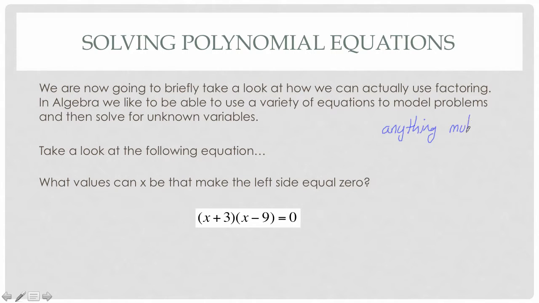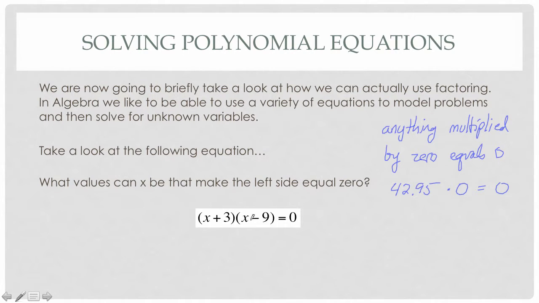Anything multiplied by 0 equals 0. For example, I could have 42.95. It's a great number, but if I multiply it by 0, what does that equal? It just equals 0. We use that idea and we think a little bit bigger, a little more abstract. We use it with polynomials.